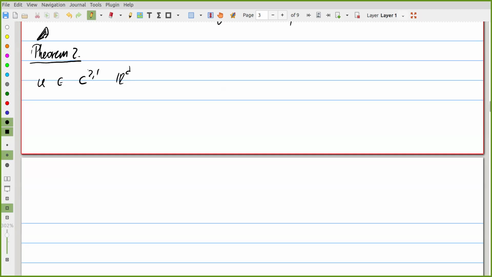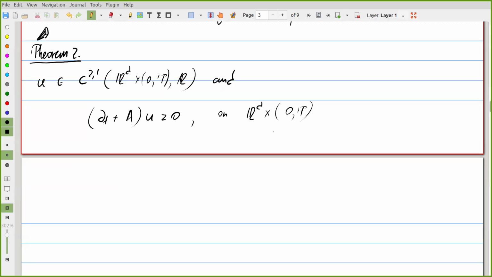And these functions are continuous with respect to x and t simultaneously. So I will write it as follows. And we actually establish the inverse version of the Feynman-Kac formula, but only for the whole space R^d times 0 to T open, and u of x, 0 is just equal to f of x.